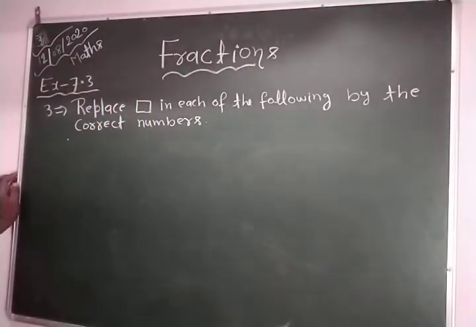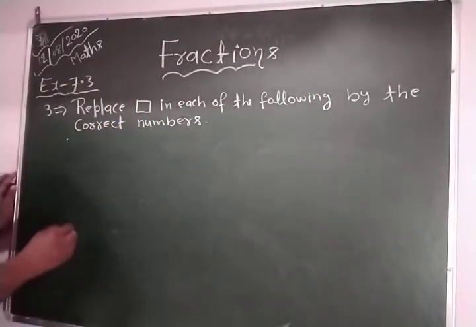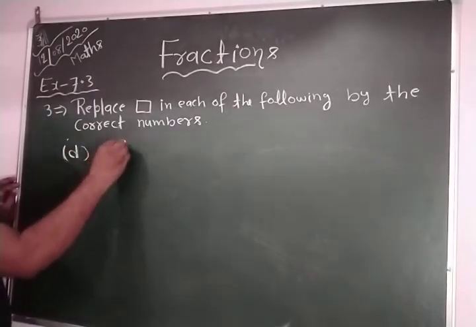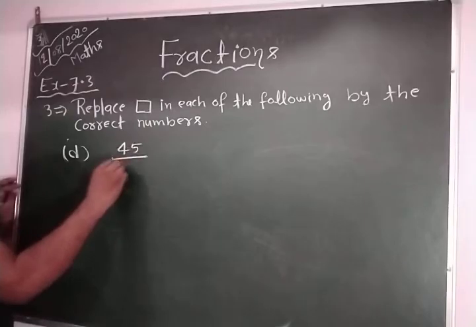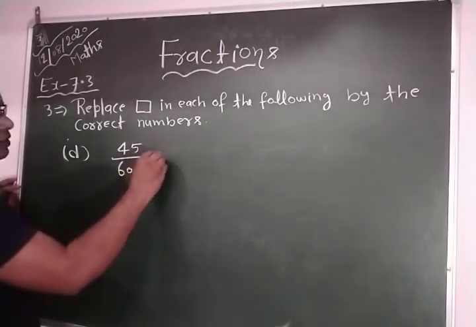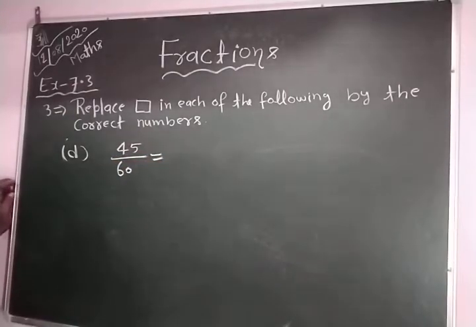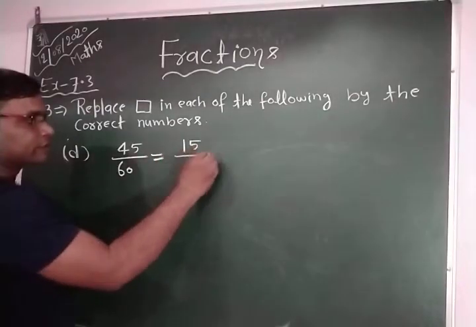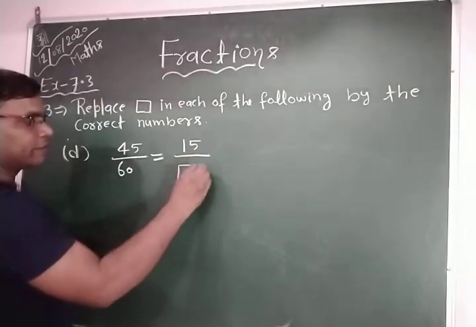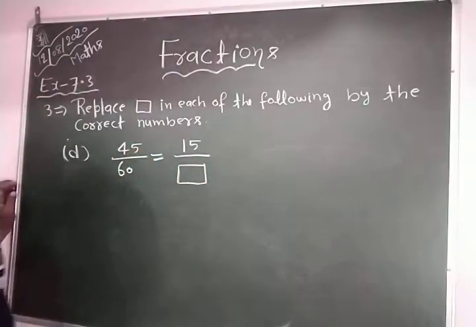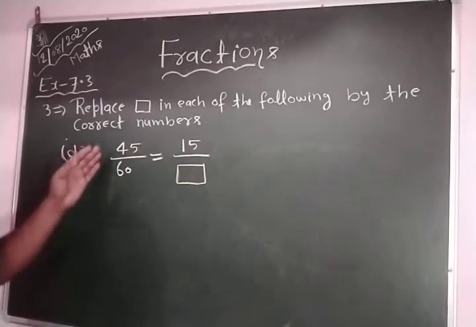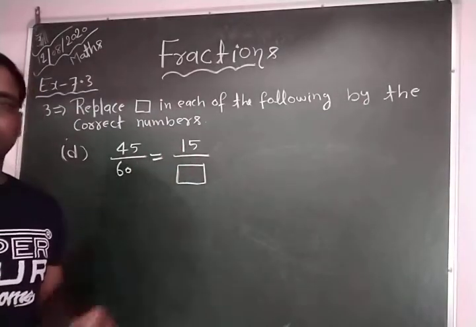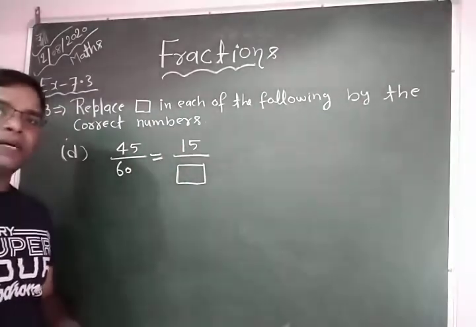D part: 45 by 60 is equal to 15 by blank space. So this is 45 by 60. What do we do for it?